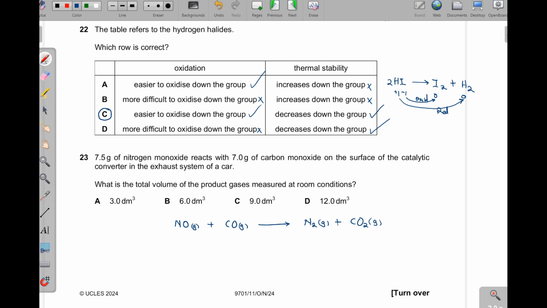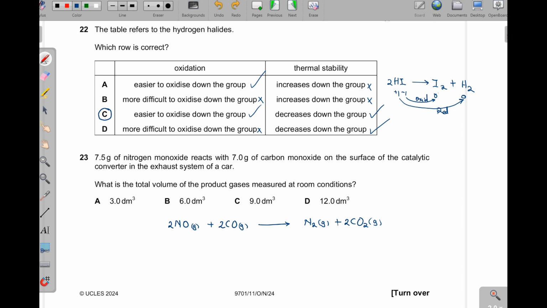Let us now balance the equation. So these are two nitrogens. I'll put a 2 here. Then I'll also put a 2 here such that oxygen becomes 2, and then 2, making it 4. So when I put a 2 here, oxygen becomes 4, and carbon is also 2, as it is here. Now, using these moles here, I'm going to take on the masses, okay?